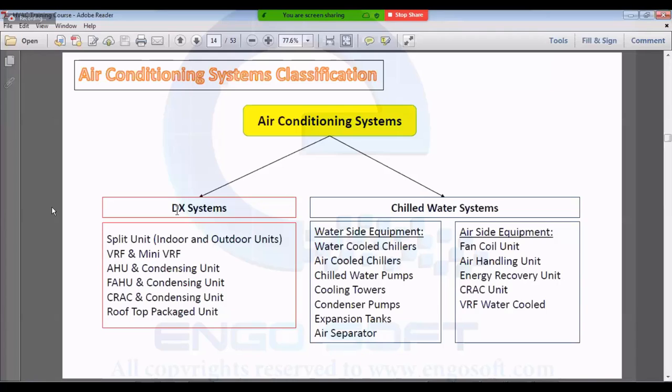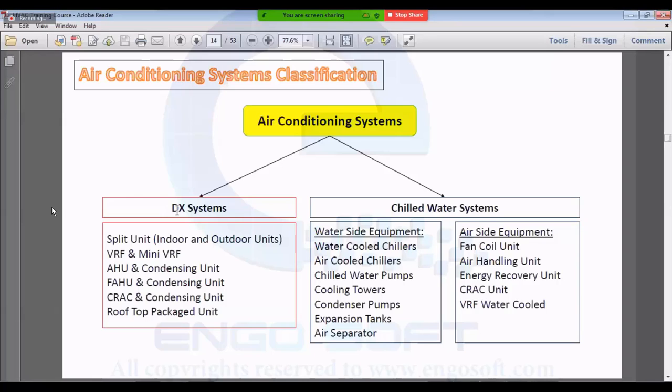Number 5 is the CRAC unit, or the computer room air conditioning, which is a type of DX system that is used in computer rooms. We will study it in detail. Yes, it's called CRAC. And the last type of DX systems is the rooftop packaged unit.